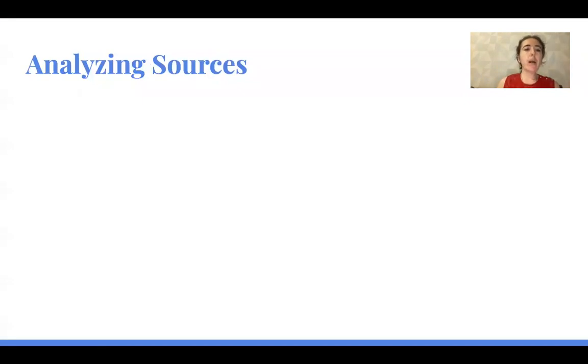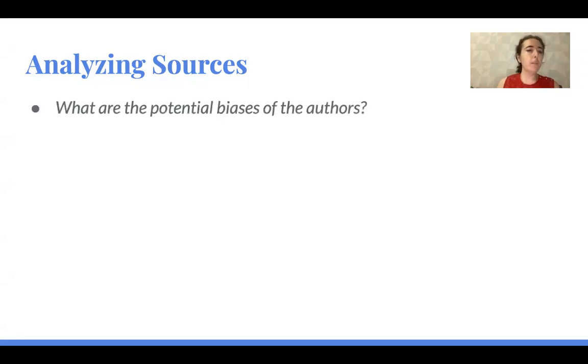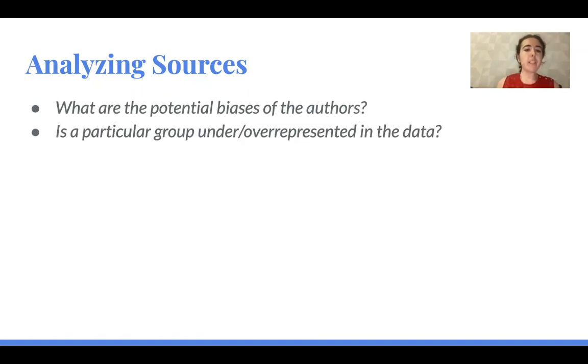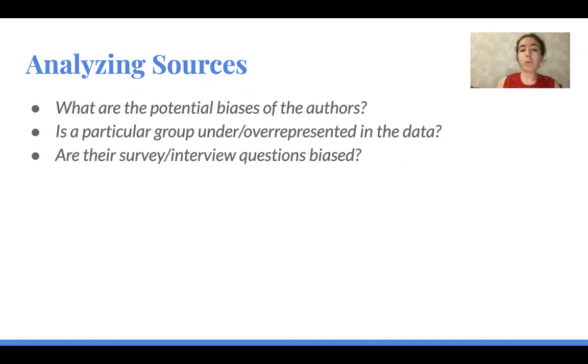All right, so now the task of analyzing sources. What do I mean by that? Analyzing sources means analyzing what the potential biases of the authors are. Is a particular group under or overrepresented? Could be a gender, it could be a racial or ethnic group or religious group, etc. An age group.